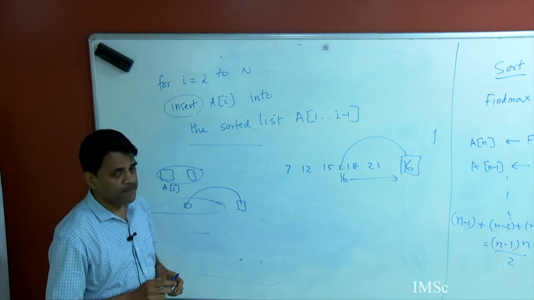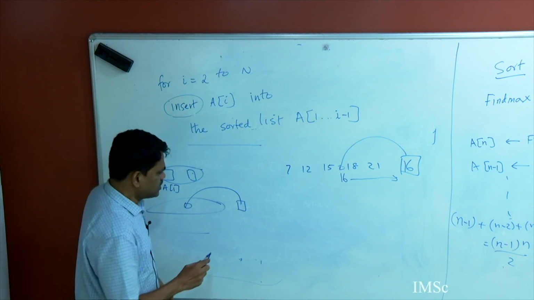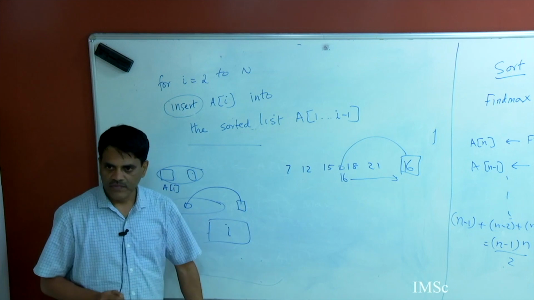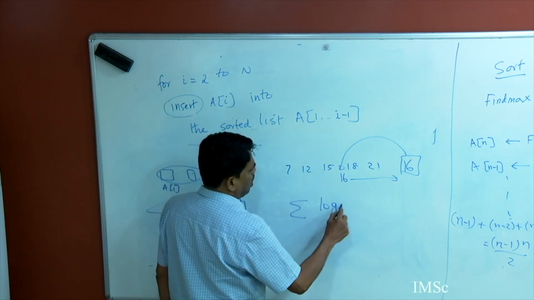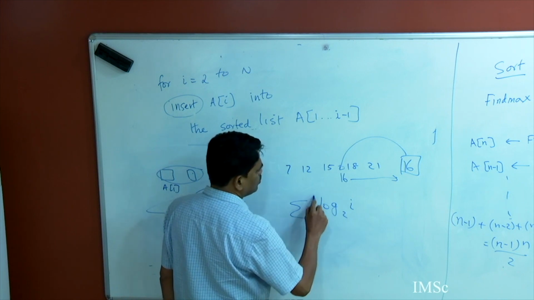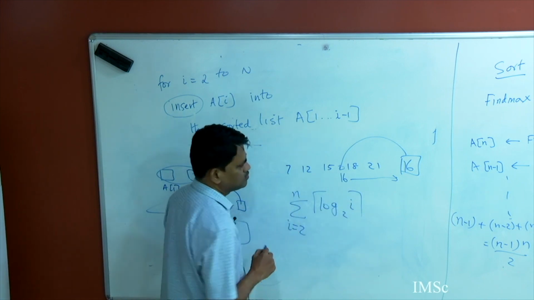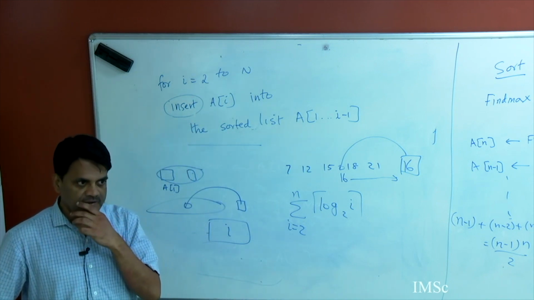Yeah. In the second step, because you would have two elements in the sorted list. Yeah, and generally if I have I elements, how many comparisons? Log I. Log I, right? So this is going to be summation log I to the base 2.